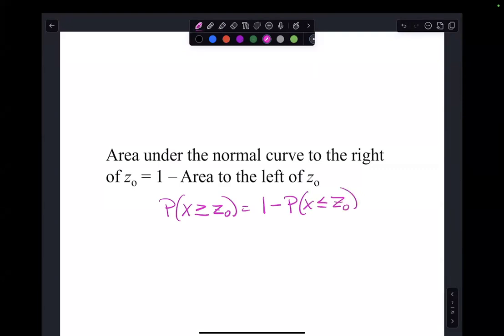This is if I was using my z-table: I would do 1 minus whatever I find in the z-table for that z-score. But thankfully, we have a lovely calculator, and it will do it without any fancy stuff. We don't have to do that 1 minus or any of that. We can just jump straight to it.